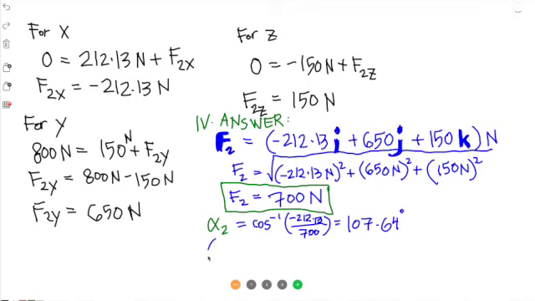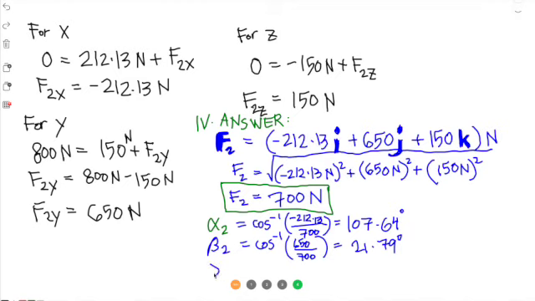So for beta 2, that would be the inverse cosine of 650 all over 700. That gives us 650 divided by 700, shift cosine, that's 21.79 degrees.